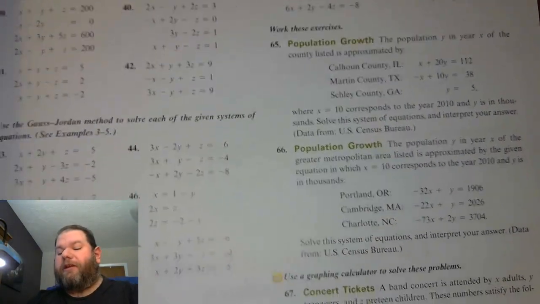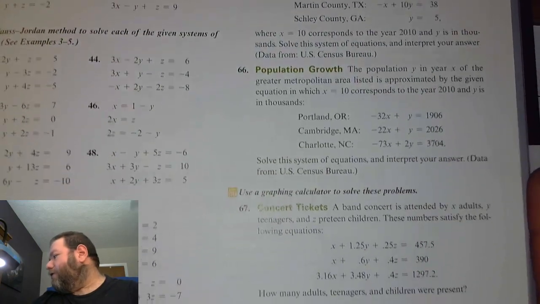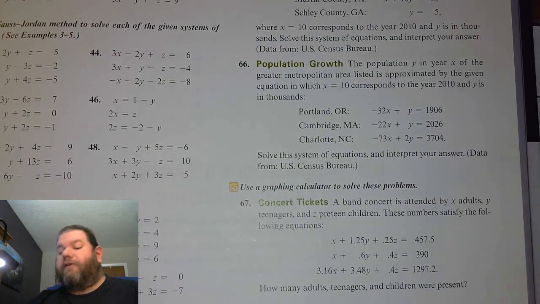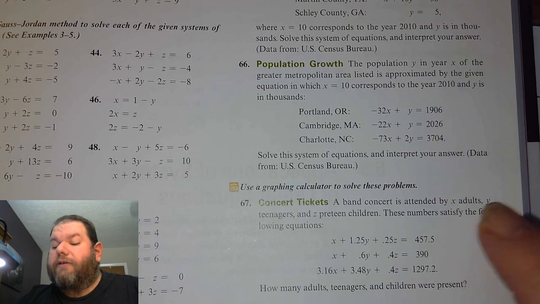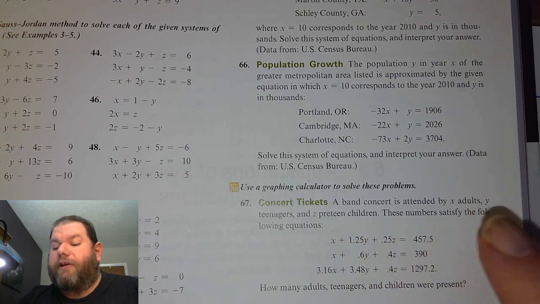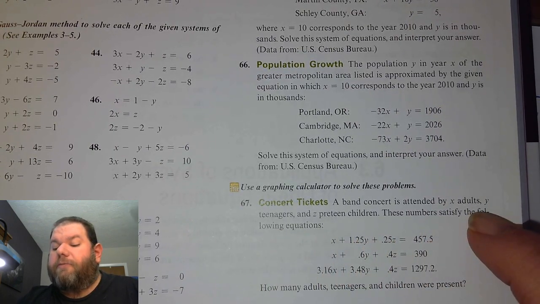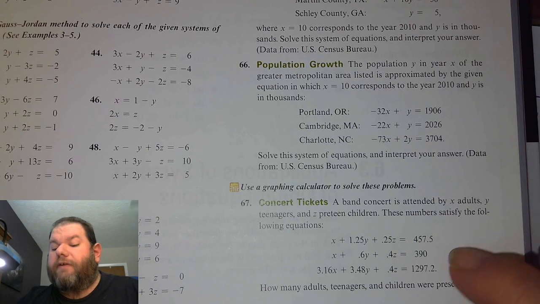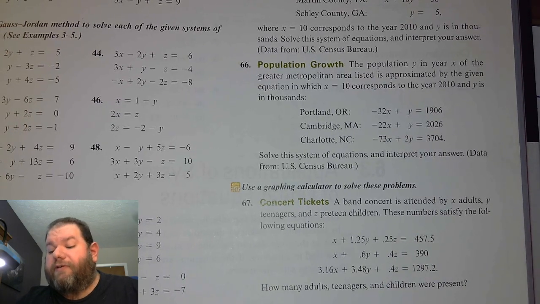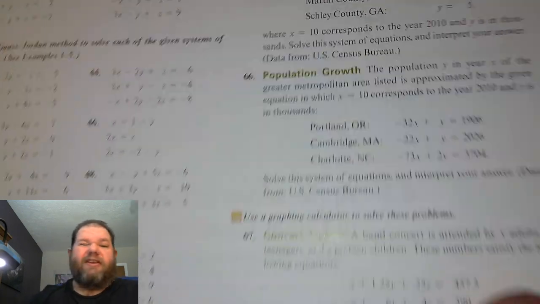The one example they give is concert tickets down here. A band concert is attended by X adults, Y teenagers, and Z preteen children. These numbers satisfy the following equations. How many adults, teenagers, and children are present? Okay, that's not a great example.